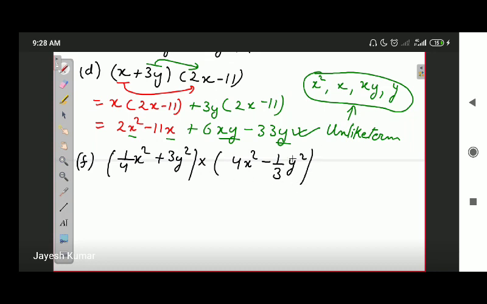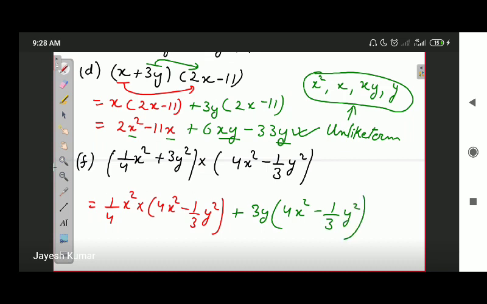Okay, so we will do what we have been doing till now. We will write down the first term of the first bracket and then the whole second bracket. After that, we will write down the second term of the first bracket and multiply it with the whole second bracket.